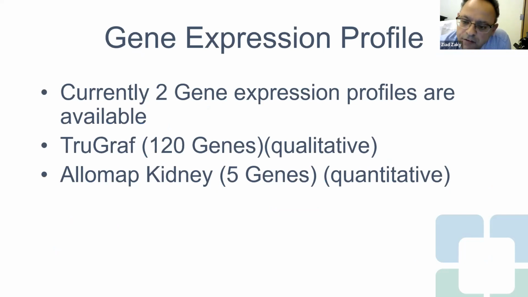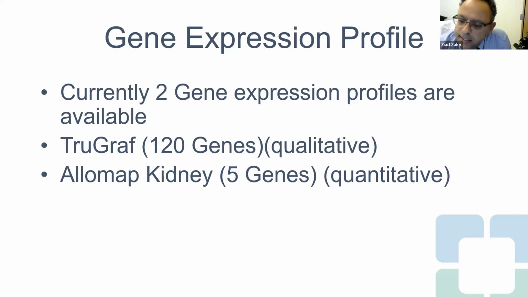One is called TrueGraph, and it detects 120 genes. And one is called AlloMap Kidney, and it detects 5 genes. Now, why am I mentioning that? Because so far, when you get a report about the TrueGraph, it's qualitative, meaning that it tells you whether there is rejection or no rejection. It doesn't give you a score.